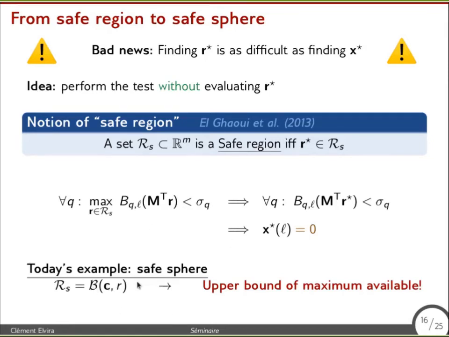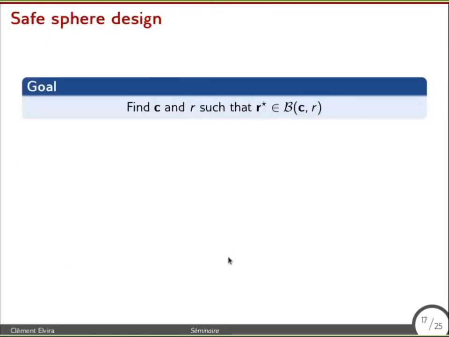But today we will focus on a particular family of safe regions, which is a sphere, parameterized by a center and a radius. And in that case, it is not difficult to identify a relevant upper bound of the maximum here, so that I can implement my screening test.